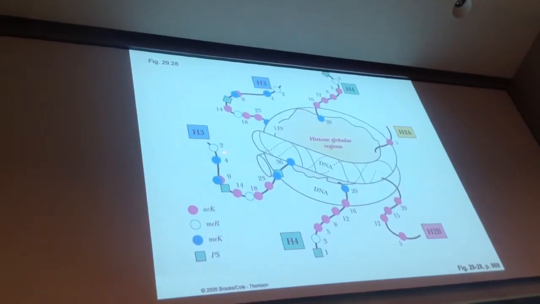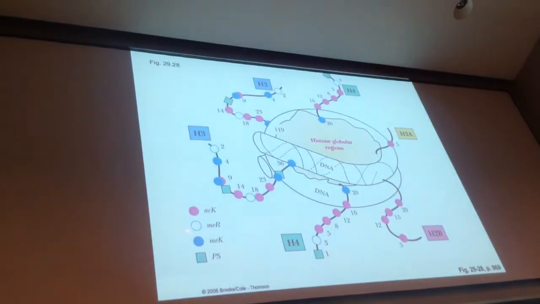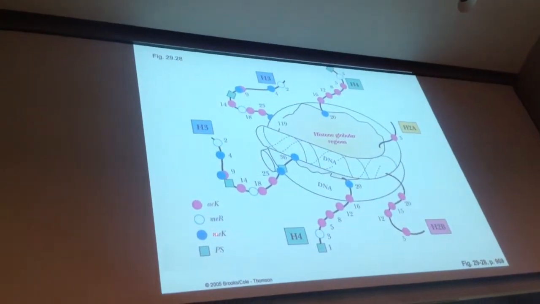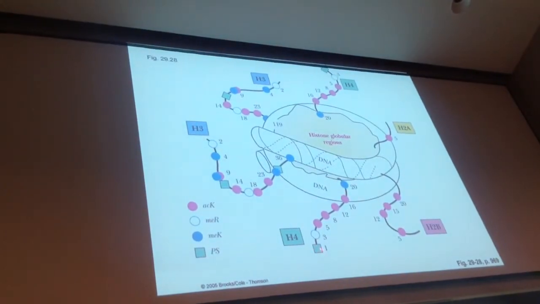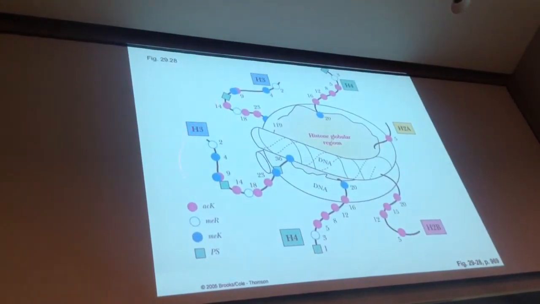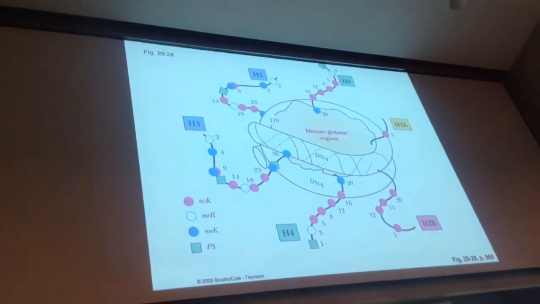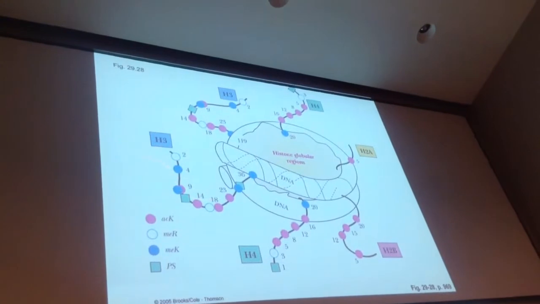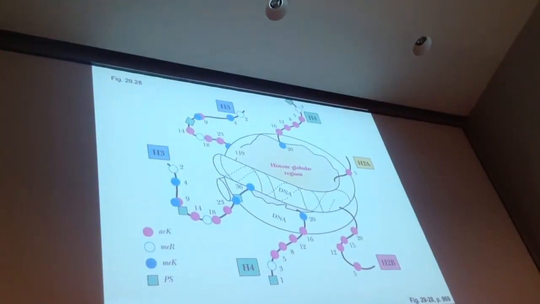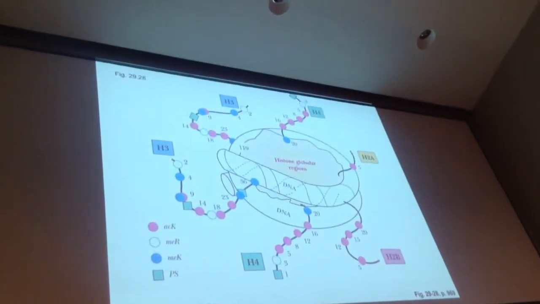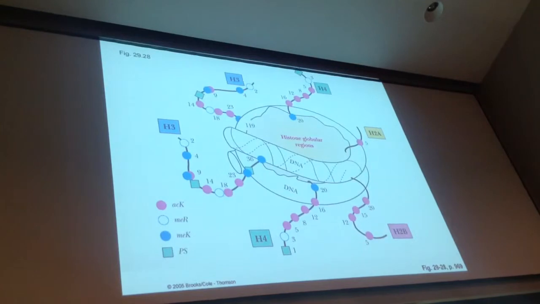The blue guys are lysines that can also be methylated, put a methyl on, right? And these guys here are serines that are phosphorylated. So the bottom line on this cartoon is that the tails contain amino acids that can be modified, and the modifications of those tails tremendously change the behavior of this particular thing called a nucleosome.